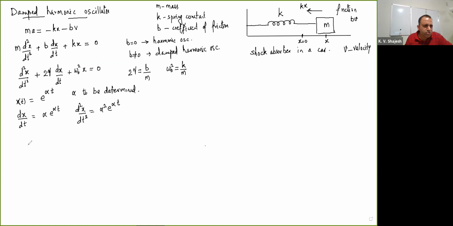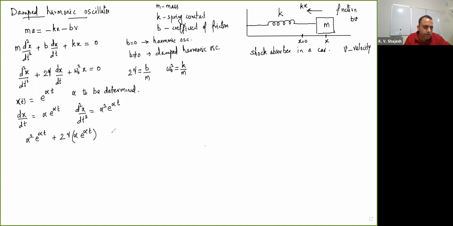which leads to say that the differential equation seems to be alpha squared e raised to alpha t, plus, so there's a 2 gamma also there, so let me erase this a little to make some room, 2 times gamma times alpha e raised to alpha t, correct?